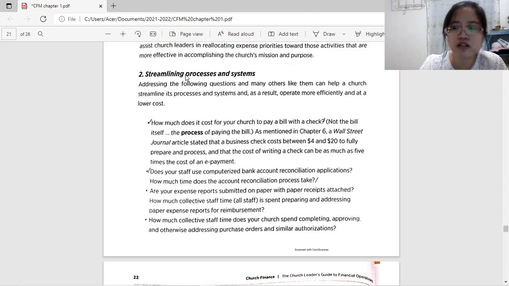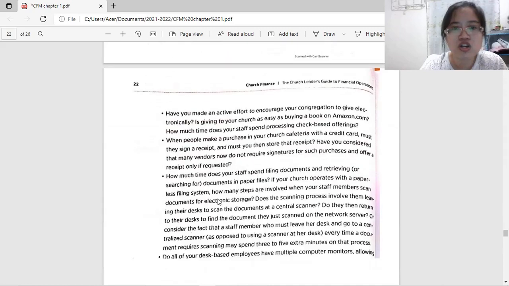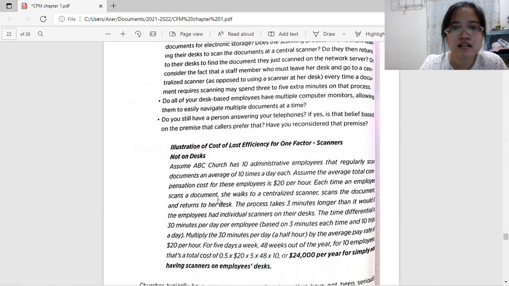It's possible that in the short term you would be able to save, but in the long run we might be spending more. So you have to make sure that any reduction would contribute to an efficient and effective process or system. And then there are guide questions here, so you can just go through them.